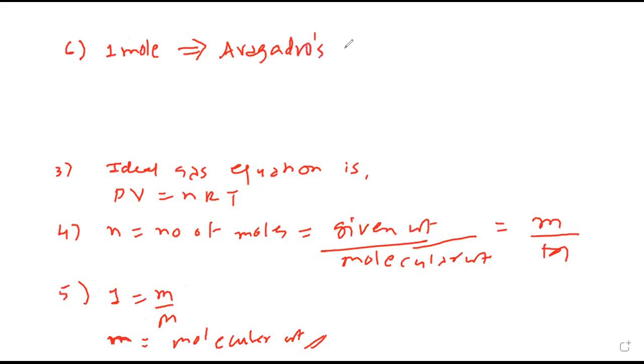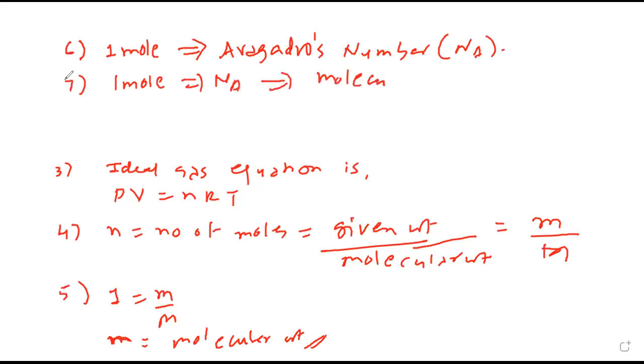Avogadro's number, denoted as Na. So now I get 3 things: 1 mole is equivalent to Avogadro number, which is equivalent to molar mass expressed in gram. What is the value of Avogadro number? 6.023 into 10 raised to 23. If mass is in gram; if it is kilomole, then it will become 26.